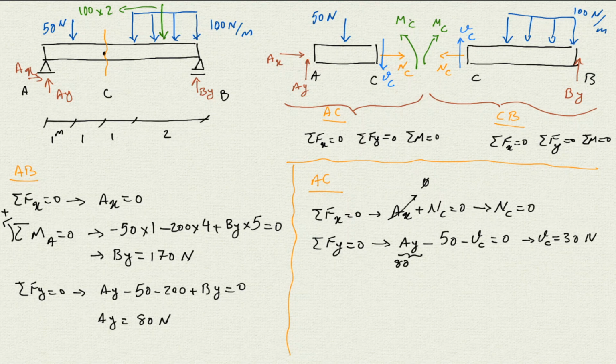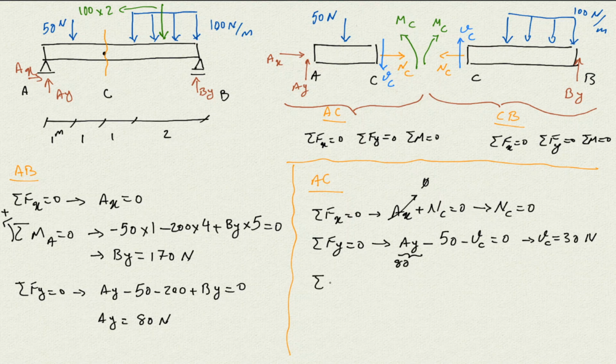And then I need to find the MC. When we want to find the MC, the easiest way is to write the moment about the section, because the normal force and the shear force do not have a moment about that section, since both of them pass through that section, so they don't create any moment about it. Most of the time, I'd say always, it's easier to do that.